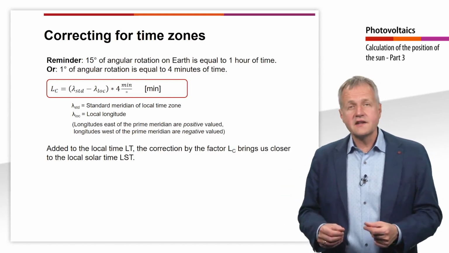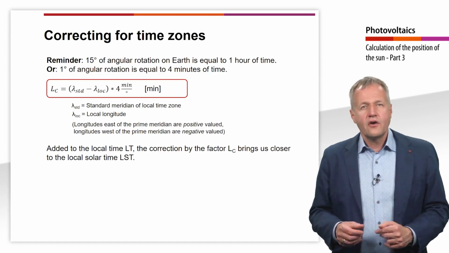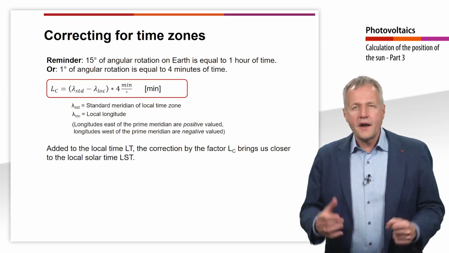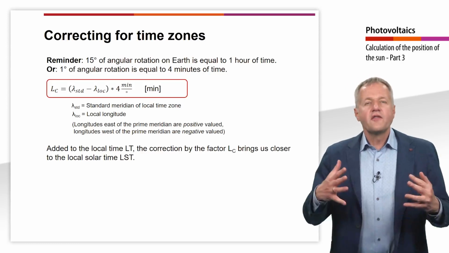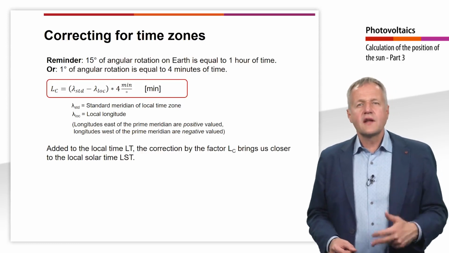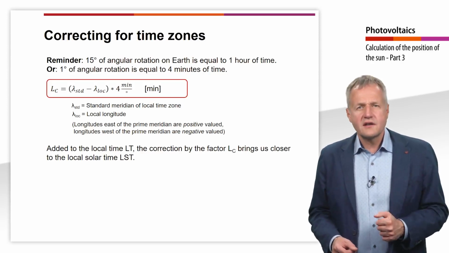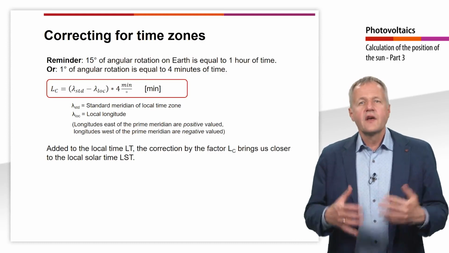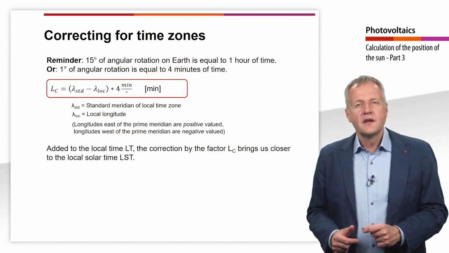As already stated, 15 degrees of angular rotation on the Earth is equal to 1 hour of time, or 1 degree of angular rotation is equal to 4 minutes of time. The formula given for LC calculates LC in minutes. Please note that longitudes east of the prime meridian are positive valued, whereas longitudes west of the prime meridian are negative valued.